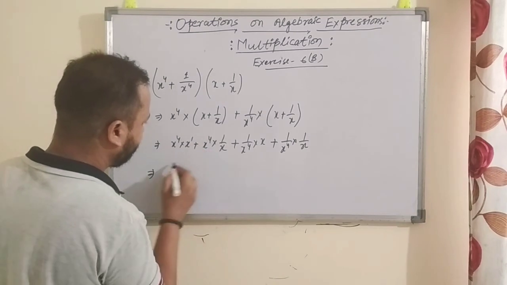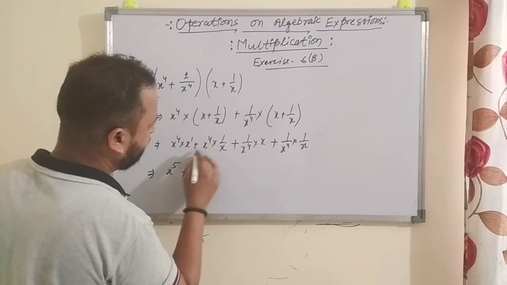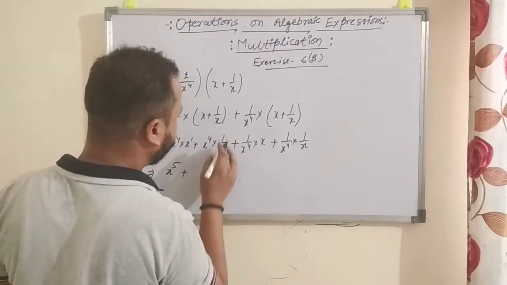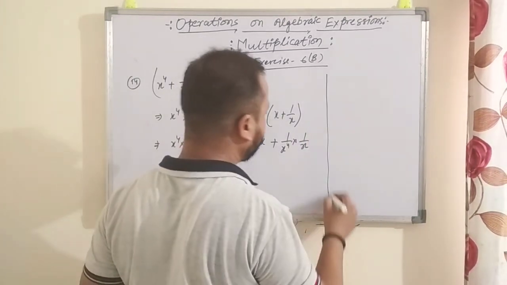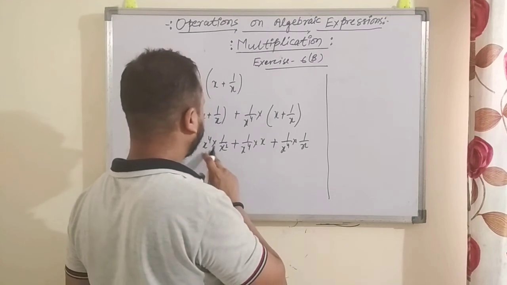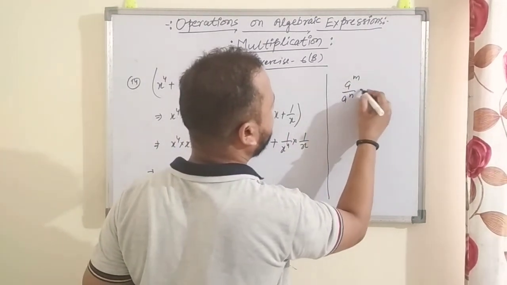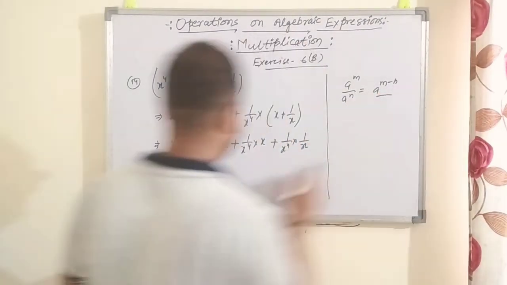Now here the base is the same, so you can add the powers, so x power 5. Here the power is 1 and it goes up, right? You have studied exponents, so if a power m upon a power n is given, a power m minus n will apply here.